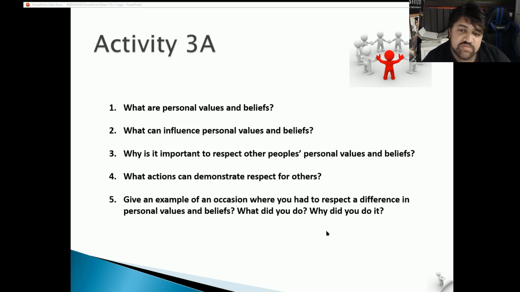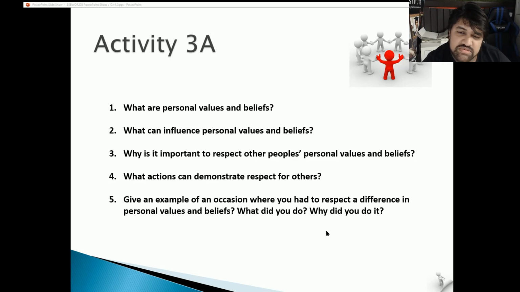What can influence personal values and beliefs? Things such as our experiences, our cultures, our communities, the music that we listen to, the people around us and what they believe, the families that we were born into, the religions we follow, things like that.